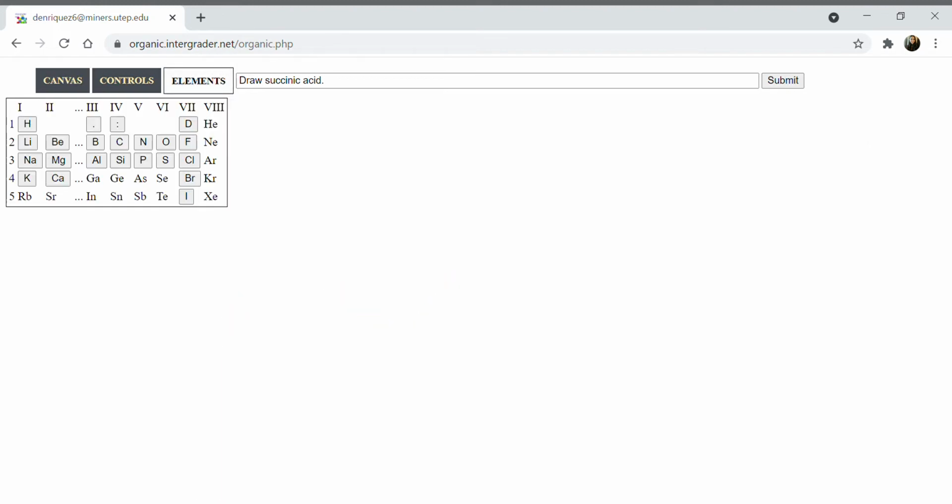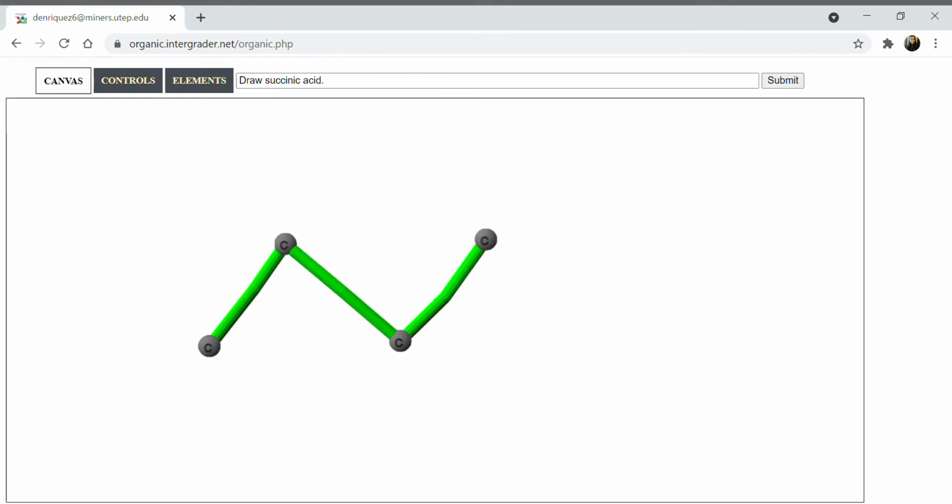Acetic acid, I believe this was 5. Okay, no, so this was a 4 carbon chain. And just like the butyric acid, it has this at the end, but the difference is that it has the carboxyl groups on both ends.